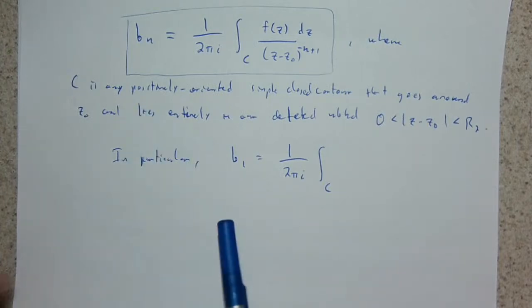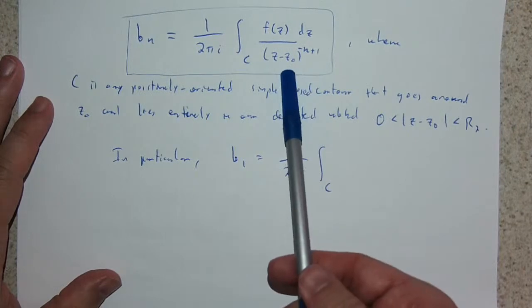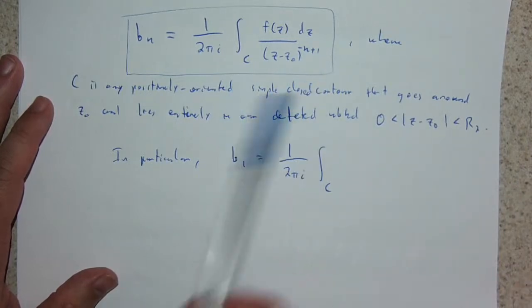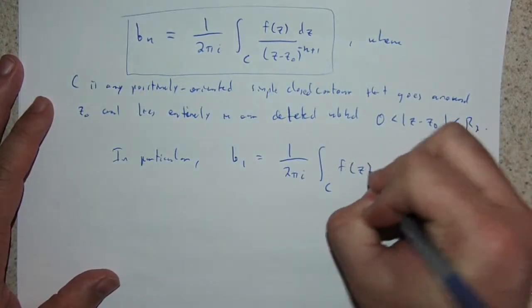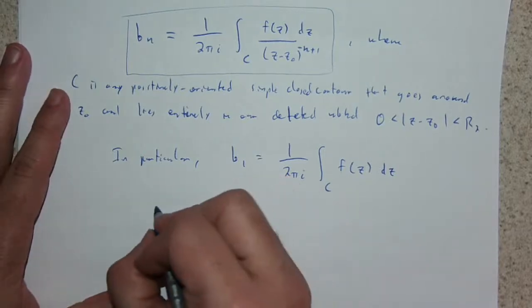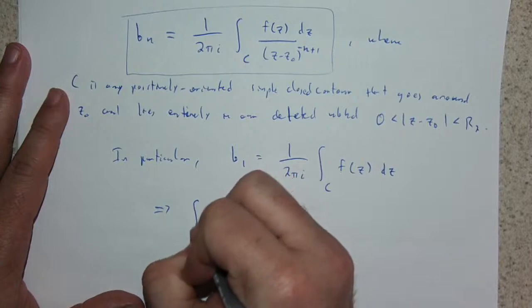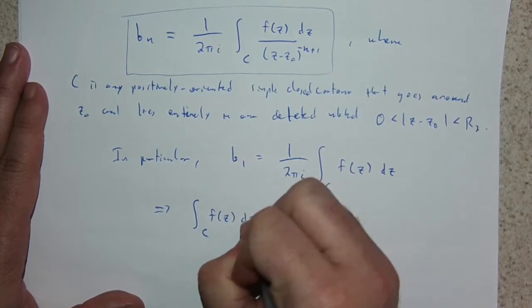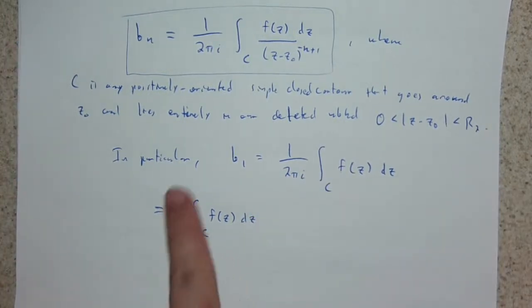Well, when n is equal to 1 here, this denominator becomes z minus z naught to the minus 1 plus 1, so that's z minus z naught to the 0, which is just 1 in the denominator here. So this is times the integral of f of z dz. Right? So in particular, the integral over such a contour C of the function in question, f, where C is a positively oriented simple closed contour that goes around z naught, lies entirely in the deleted neighborhood where this Laurent series expansion is valid.